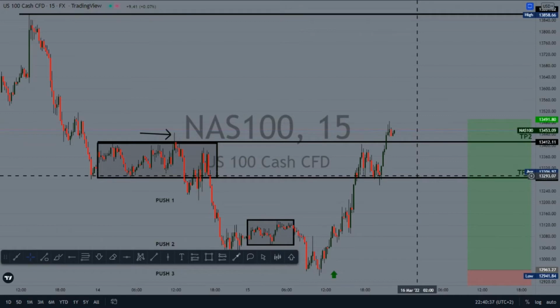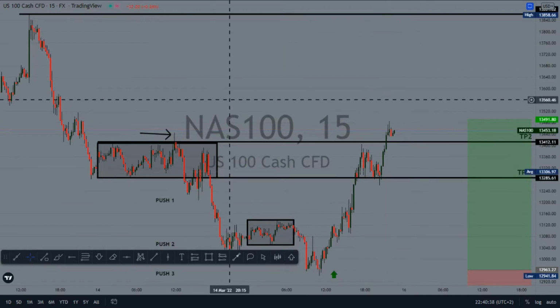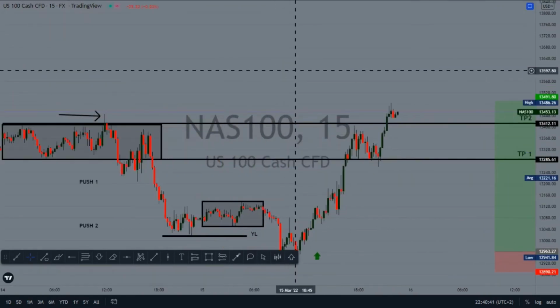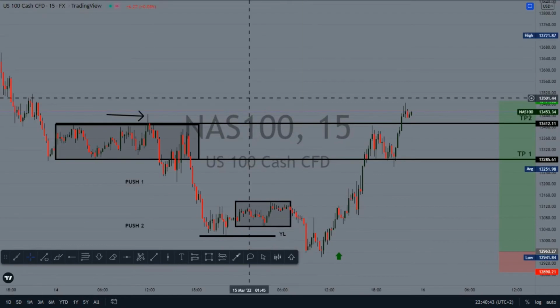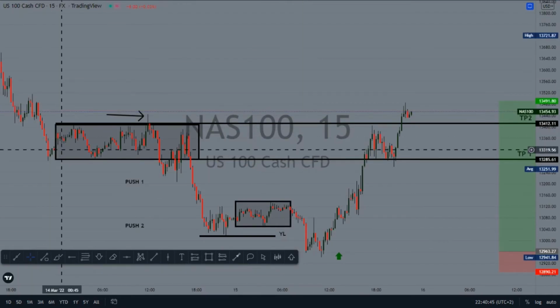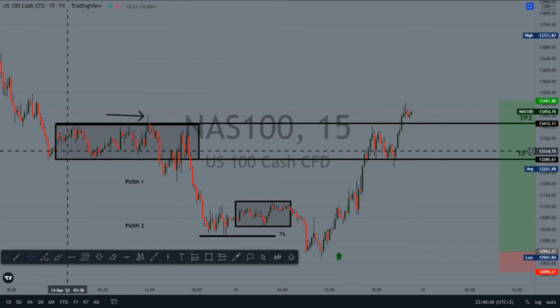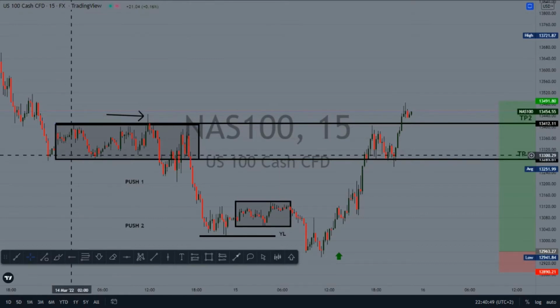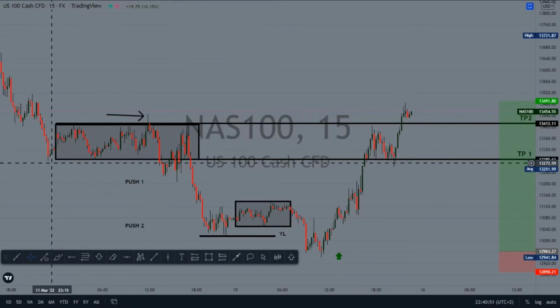Alright, let's do this. As we see here, we have the accumulation from the first 8 hours of the week. You just draw the high and the low of those two candles.